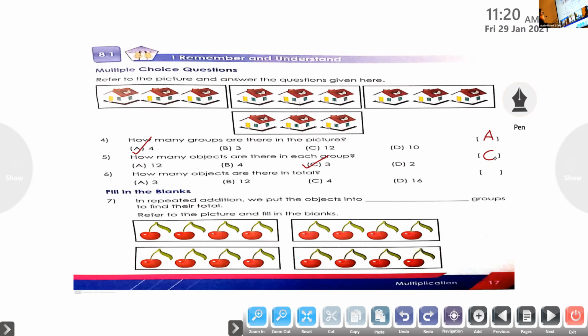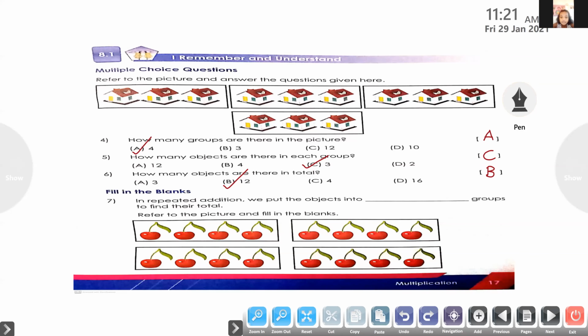Sarah. Yes, ma'am. Sixth one. How many objects are there in total? 12. Yes, good. Put a tick mark on B and write B in the bracket. We did these things yesterday. Now, question number 7.